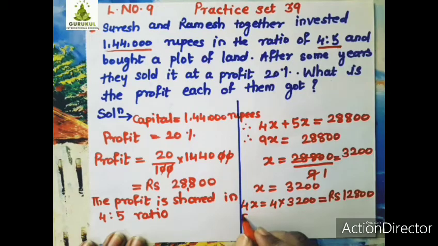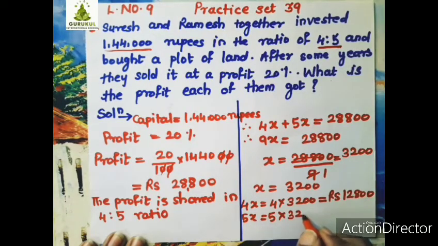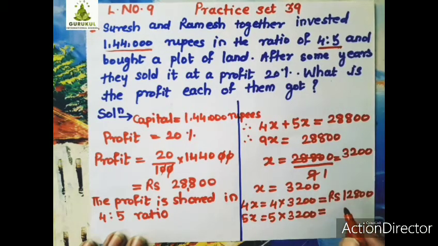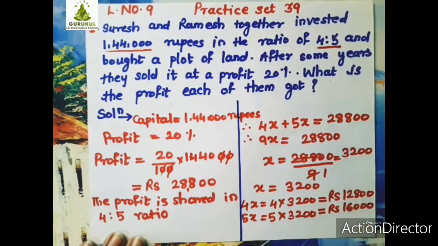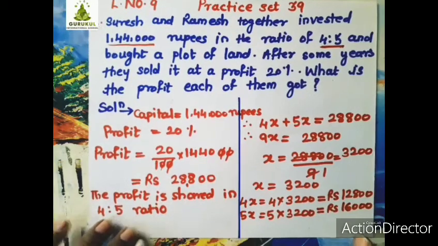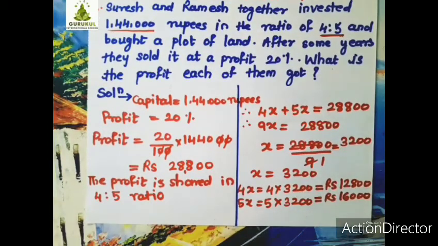And 5x is equal to 5 multiplied by 3200, 32 5s are 160. So it will be rupees 16,000.